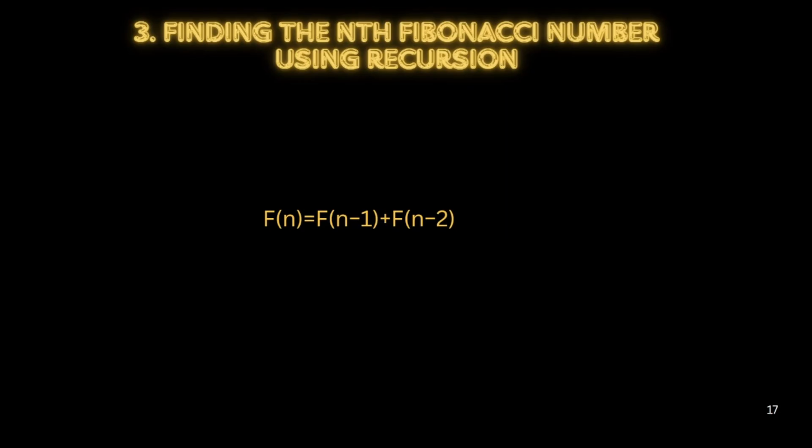This just means that, for example, the 10th Fibonacci number is the sum of the 9th and 8th Fibonacci numbers. The formula uses a zero based index. This means that to generate the 20th Fibonacci number, we must write f of 19.